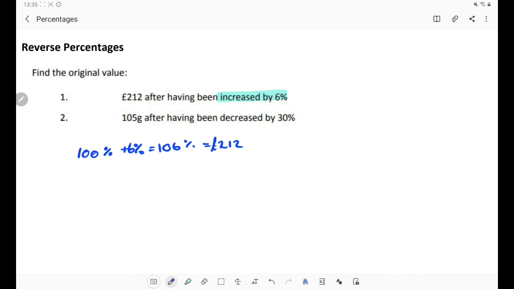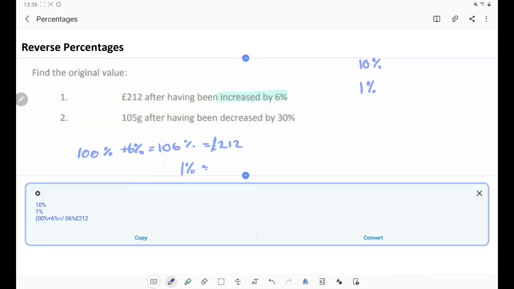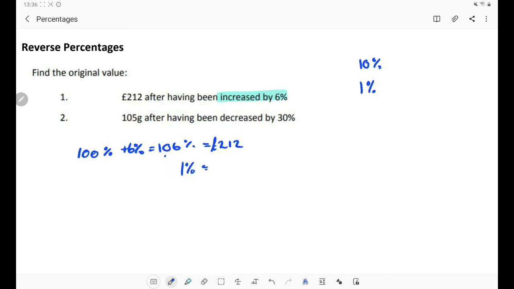And like when you did percentages in the non-calculator questions, you had to build 10% building blocks and 1% building blocks. Here, we are going to build a 1% building block. So how do we get from 106% and split it up into 1%? Well, we're going to have to divide it by 106.